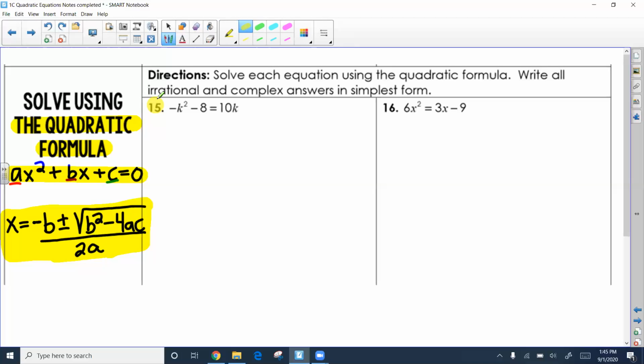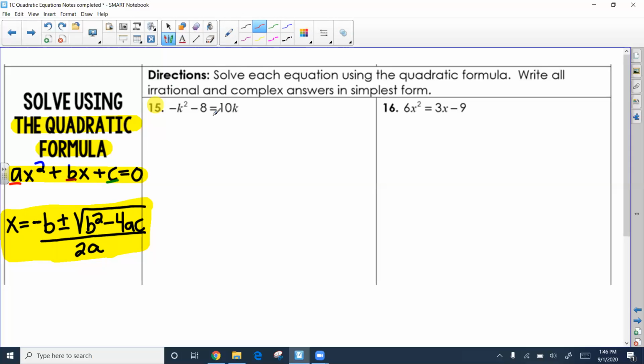We have negative k squared minus 8 equals 10k. Negative k squared minus 8 equals 10k. Okay. So when we're using the quadratic formula, we do need to get one side equal to 0 to start with.